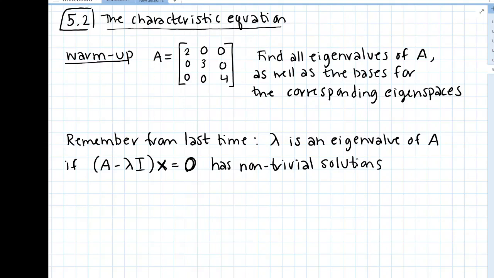But what we were focusing on last time was not so much finding those eigenvectors, but just determining what the actual eigenvalues are. And so if this equation has non-trivial solutions, well, A minus lambda I is itself a matrix, right? So you can think of this as like B times x is equal to 0. And if an equation like that has non-trivial solutions, it tells you that that matrix is not invertible. So if the statement above is true, that means that A minus lambda I is not invertible.